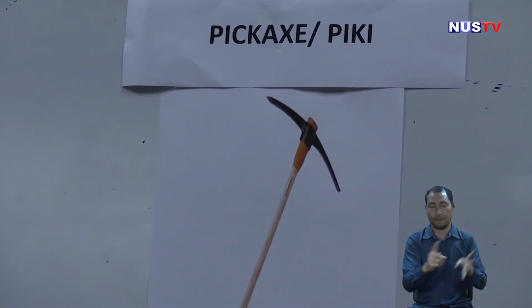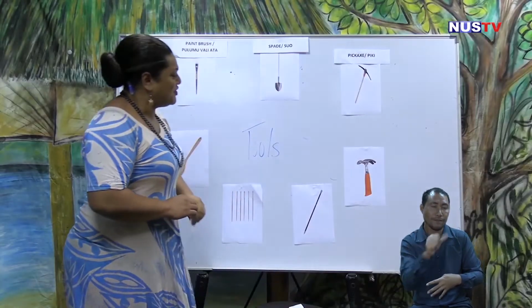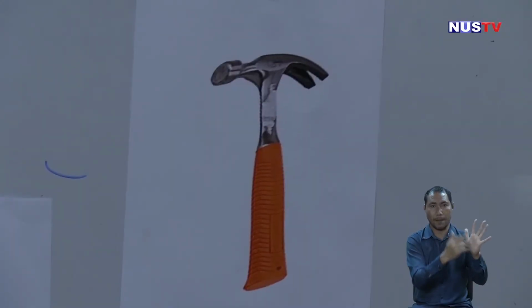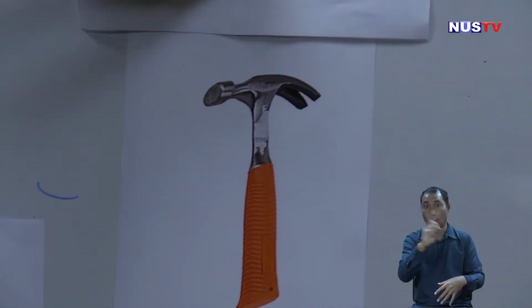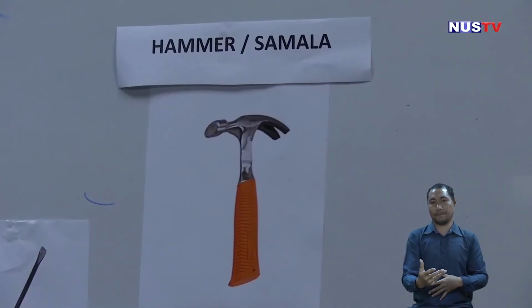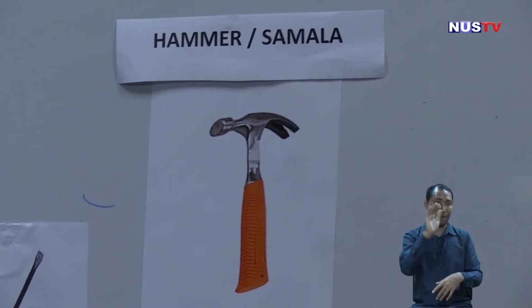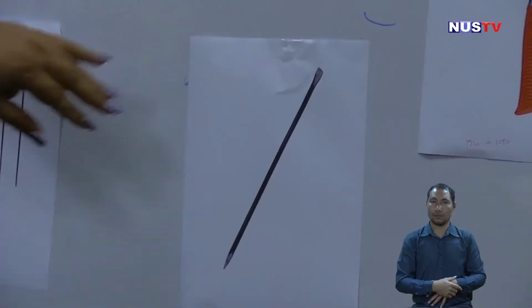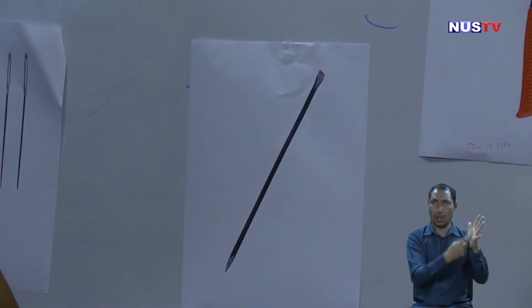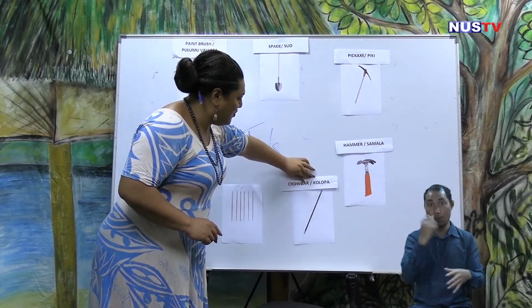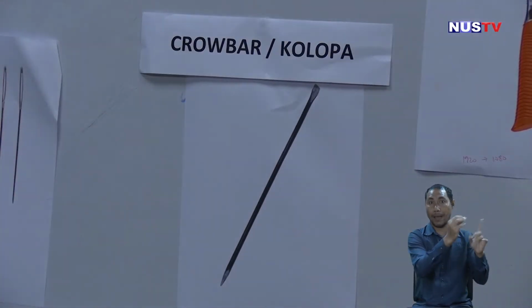Our fourth tool, this is a commonly used tool at home. It is a hammer. Fasamoina ole samala. Our next tool, this is one common tool that we use at home. It is a crowbar. Fasamoina ole kolopa.